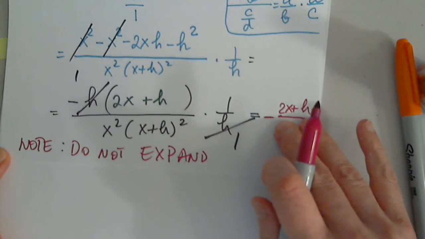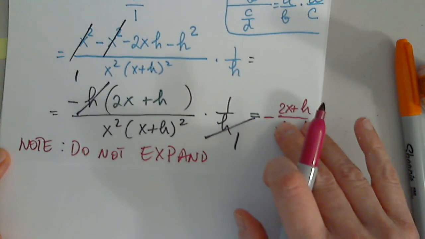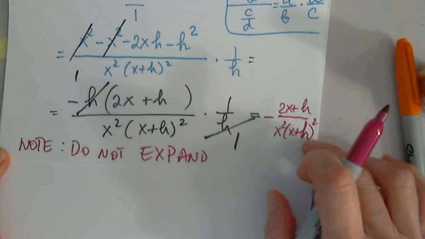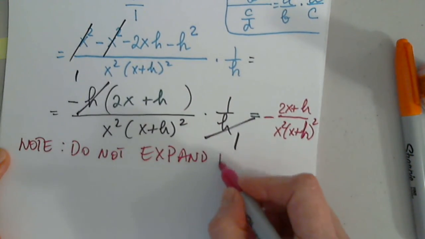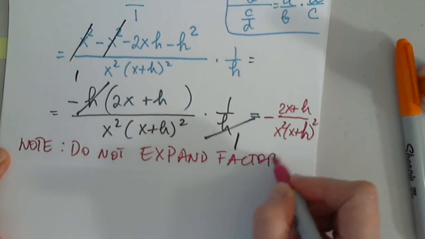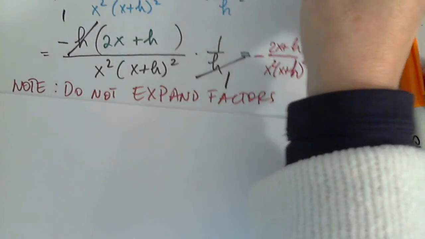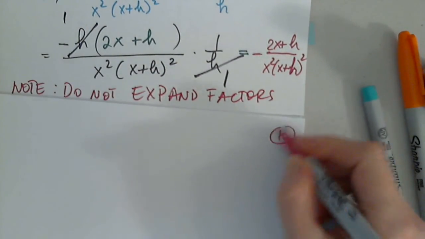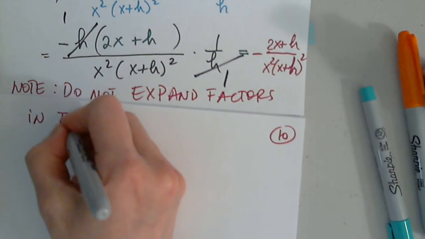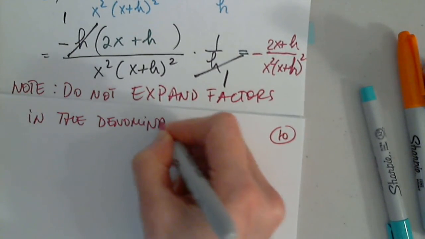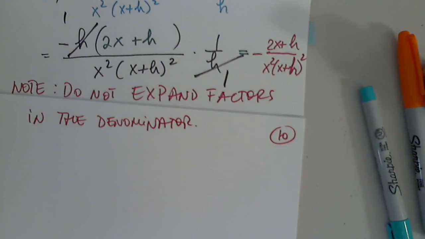They have to stay as is. Do not waste your time on the denominator. It has to be factored and it has to stay as is. Do not expand factors in the denominator. Ever.